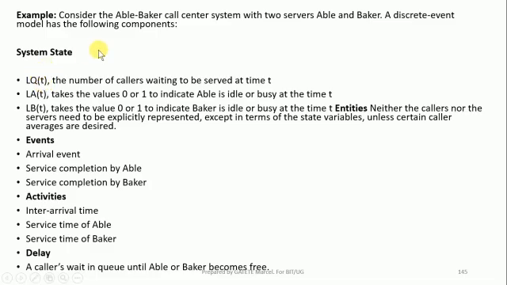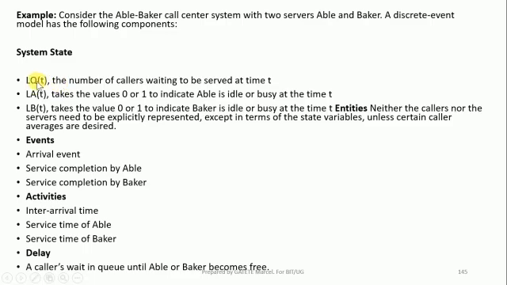We can have the system state. The system state will be shown by the value of the queue, the number of callers, and the status of both servers. First is LQ(t).